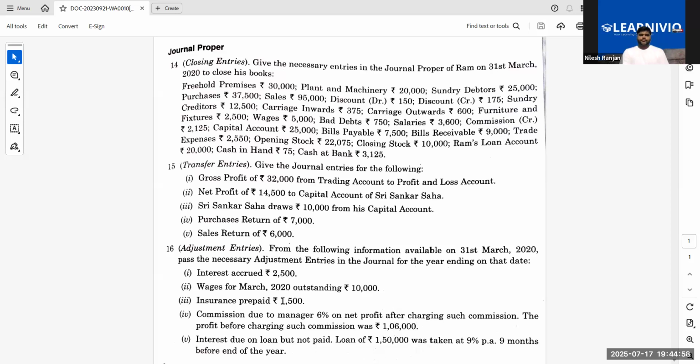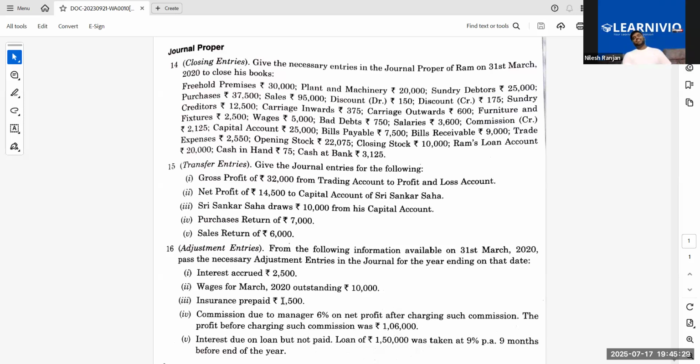Then wages, sorry, manager commission account to manager commission payable account. Payable or outstanding, you can write. The last one, interest due on loan account and to outstanding interest due.